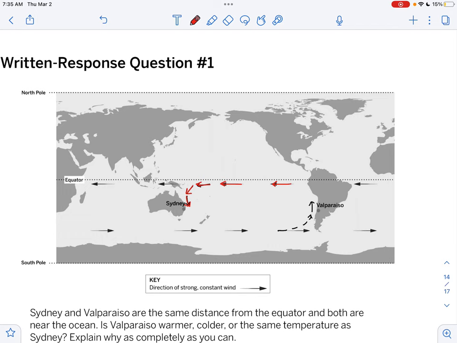More specifically, we've talked about how there is more energy that is transferred to the ocean water at the equator. This means that the ocean surface has extra energy that it carries from the equator that it transfers to the air in Sydney. In other words, at Sydney, energy is being transferred from the warm ocean into the cooler air.